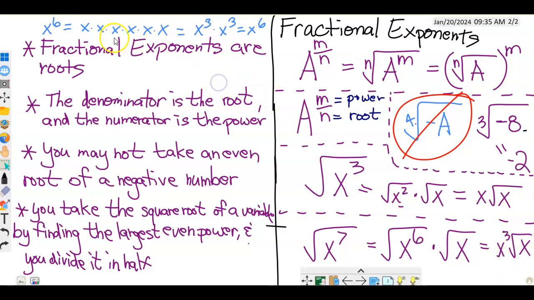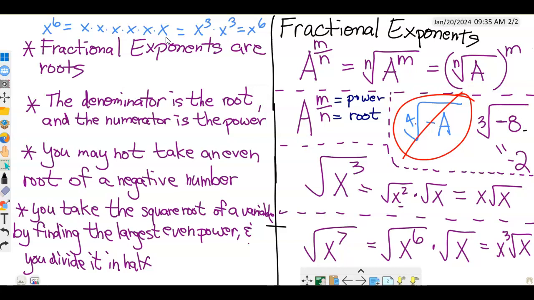If you look across the top and you look at this light blue that I wrote up here, this is an illustration of why finding the highest even power and splitting that number in half works. So you can represent x to the 6th as x times x times x times x times x times x, right? 6 x's in a row.